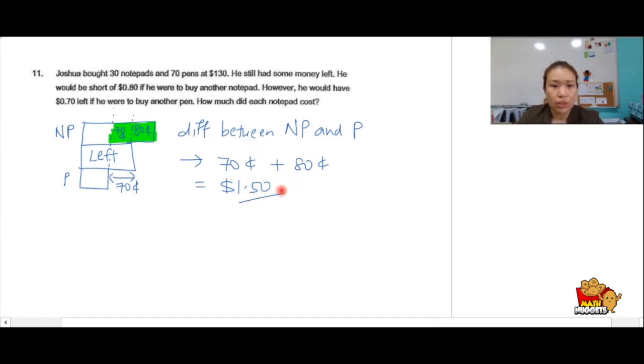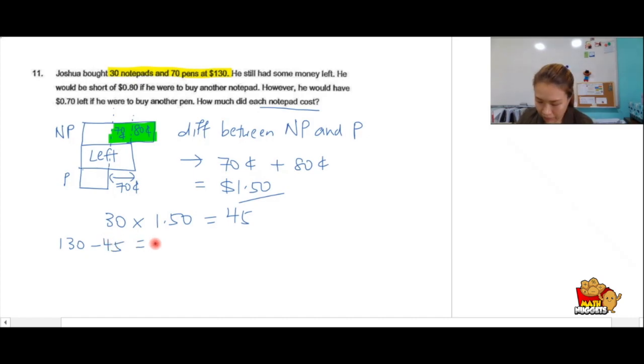Okay, so we're supposed to find each notepad, and we have this clue here: 30 notepads and 70 pens at $130. So the notepad costs $1.50 more, so I'm gonna take 30 notepads times $1.50. It's $45. And I'm gonna take the total minus $45, which is 85.